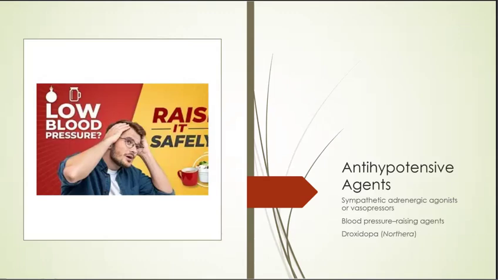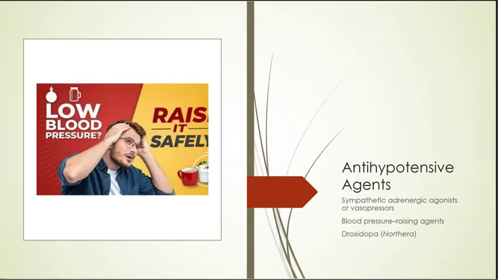Now, whenever we're giving medications to drop the blood pressure, it could go so low that we might need to give them something to increase the blood pressure. These medications are called sympathetic adrenergic agonists. Anytime you hear the word adrenergic, it's related to the sympathetic nervous system.